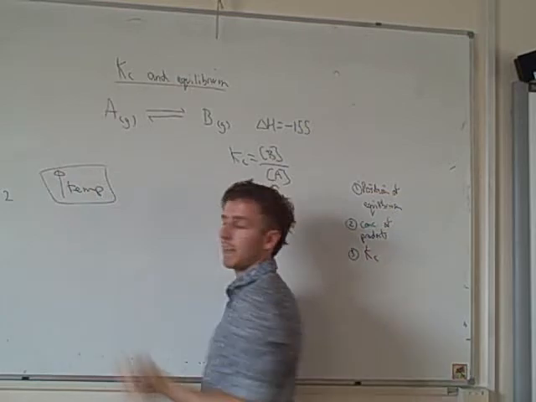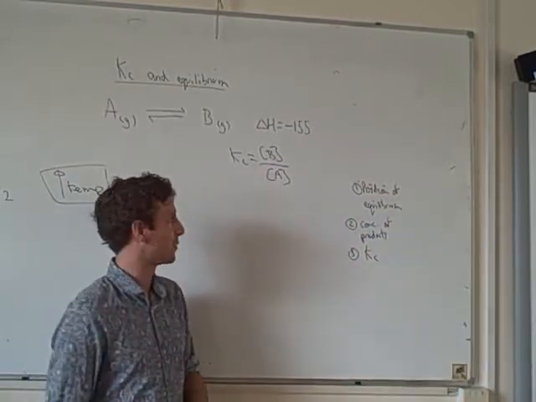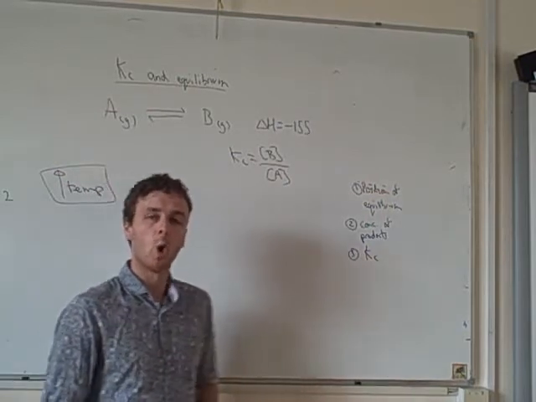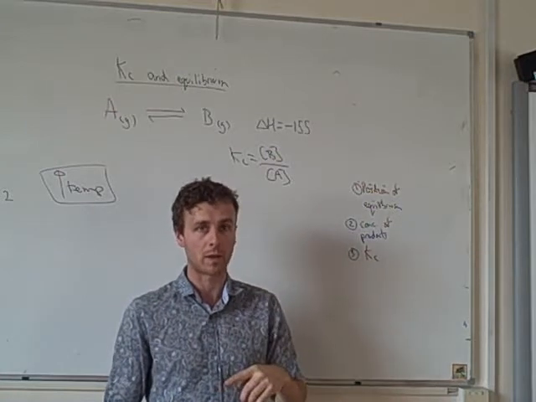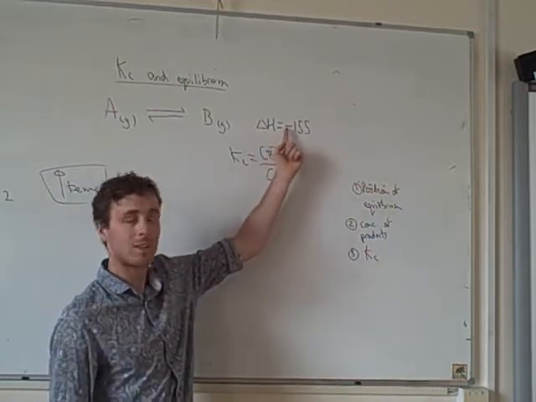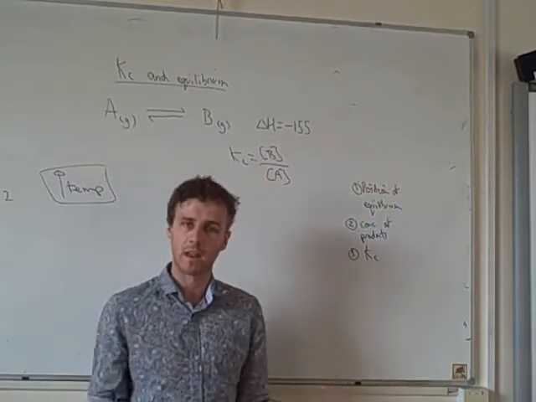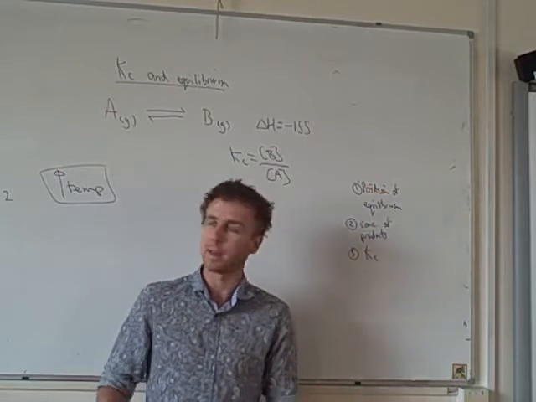If they ask you a question like this, the first and most important thing to remember, apart from Le Chatelier's principle, is this delta H at the top here. This tells you which of your reactions is exothermic and which is endothermic. So the fact that this delta H is negative means your chemicals have lost energy, they've given energy out. Energy has exited, so it's exothermic.